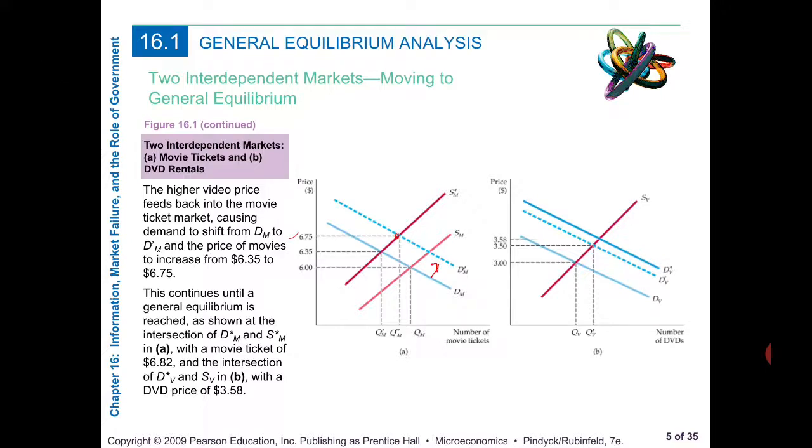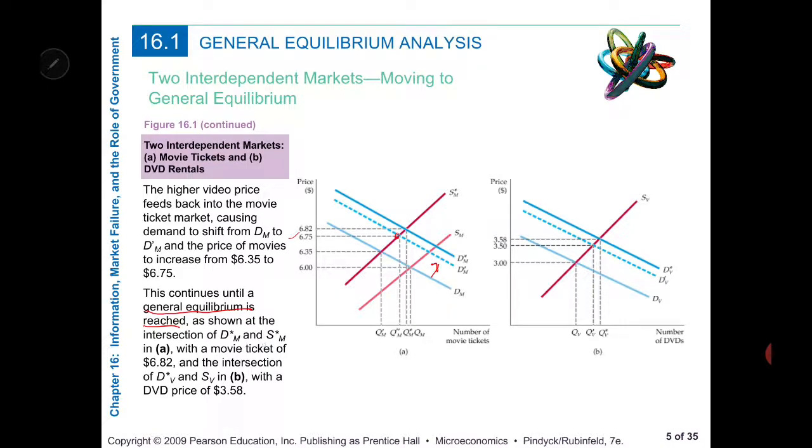So this is why we say there is interaction; this is in partial equilibrium. You take it as if from one market, and what happens in that market affects the other market. But this continues until a general equilibrium is reached.